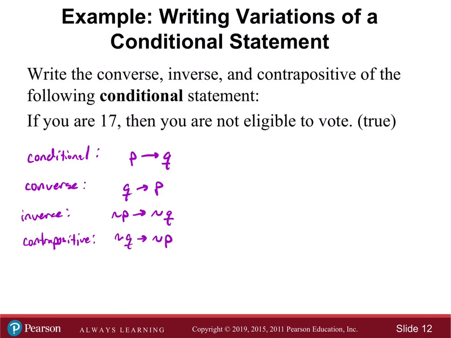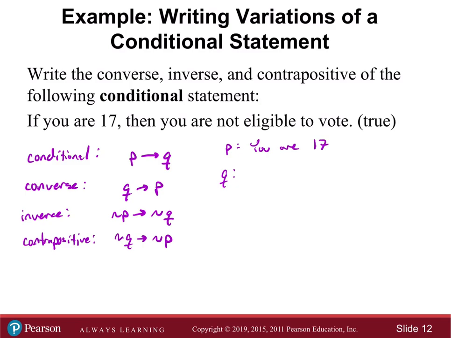Okay. If you are 17, then you are not eligible to vote. So it looks like we're going to let P be: you are 17. We're going to let Q be, should we say you are eligible to vote, or you are not eligible to vote?